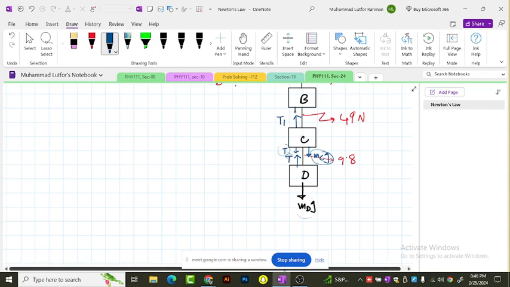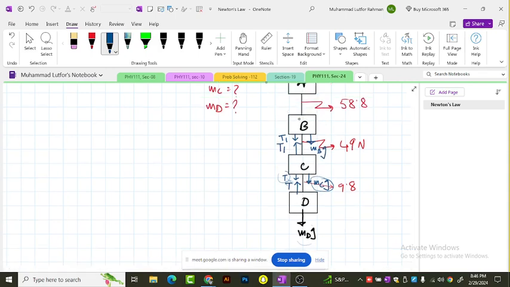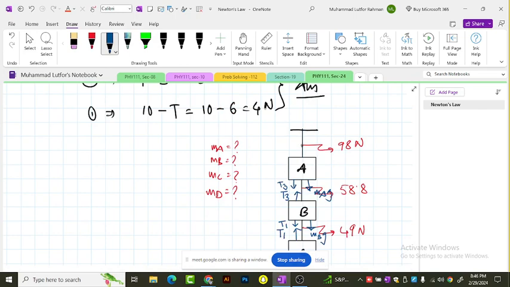And the same way, this would be T1 for block B, and this would be mbg, the weight of block B. Let's say this is my other tension over here, T3, and for A it would be mag, downward, with T3, and let's say this is T4, which is upward. This is the free body diagram of this object.